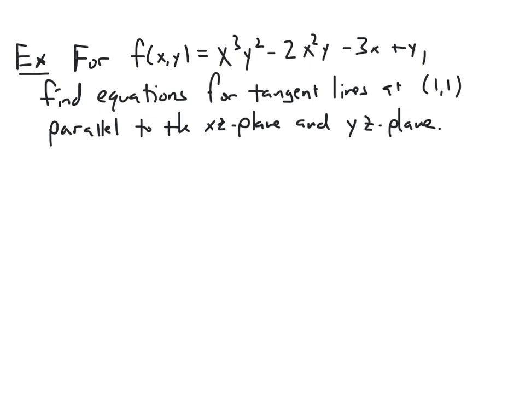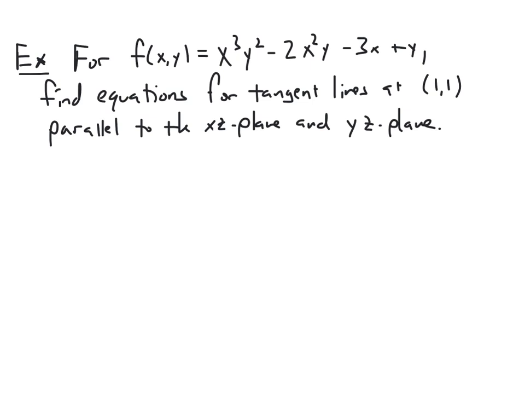From the previous video, we saw that f sub x of xy was equal to 3x squared y squared minus 4xy minus 3, and f sub y of xy is going to be 2x cubed y minus 2x squared plus 1.